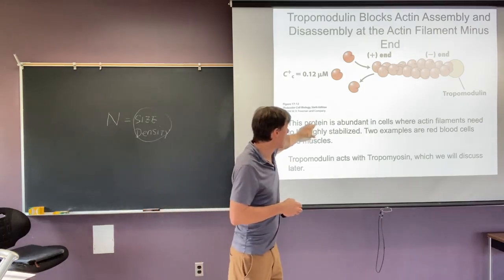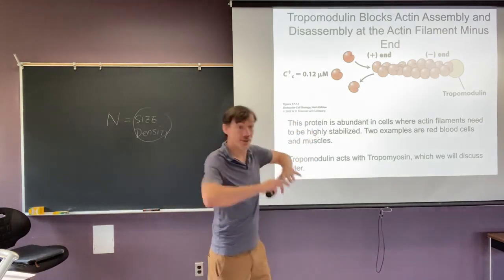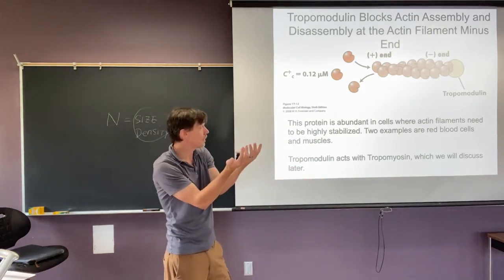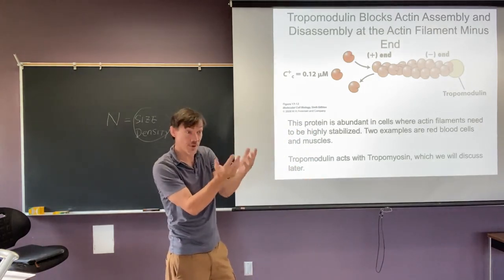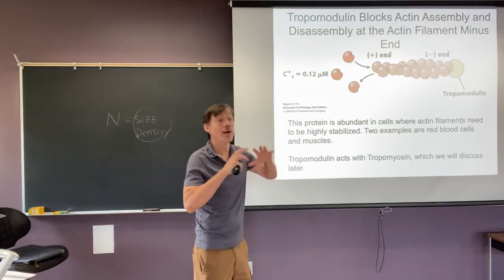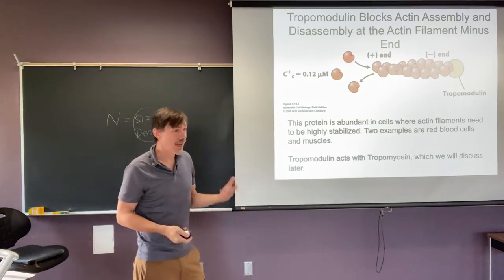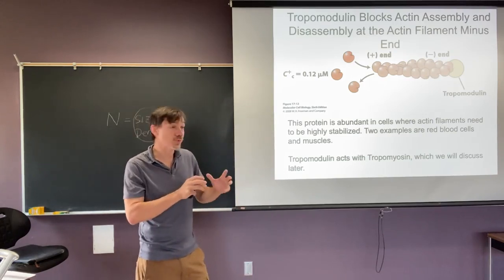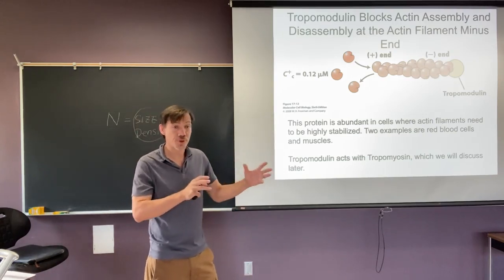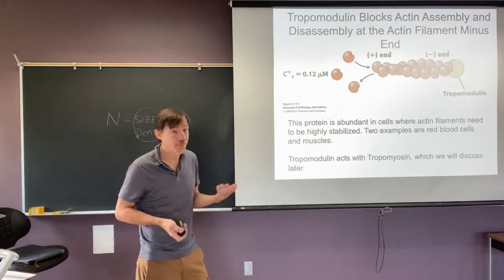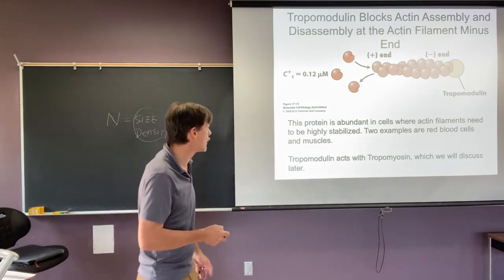And it turns out that tropomodulin sits on the actin filaments next to the plasma membrane, and it helps keep the cells intact. So these actin filaments are useful for cells resisting forces and keeping themselves together. And tropomodulin plays a role there.